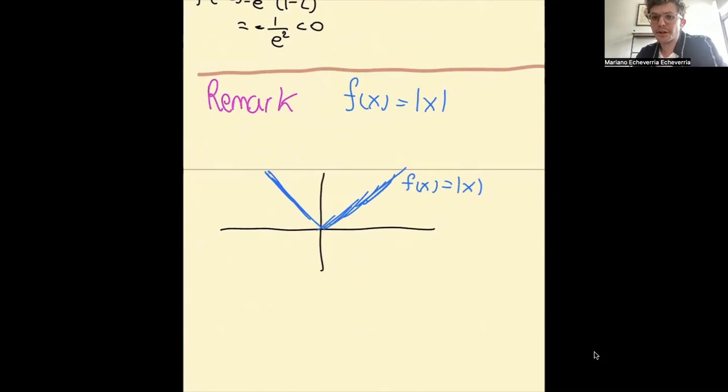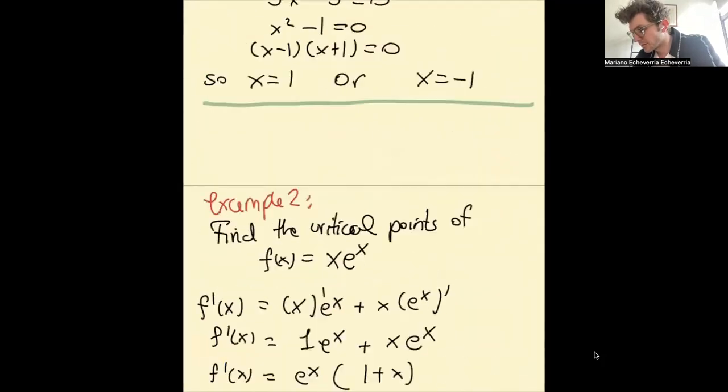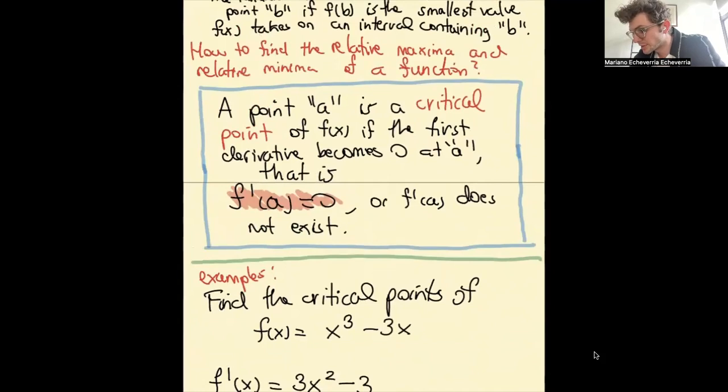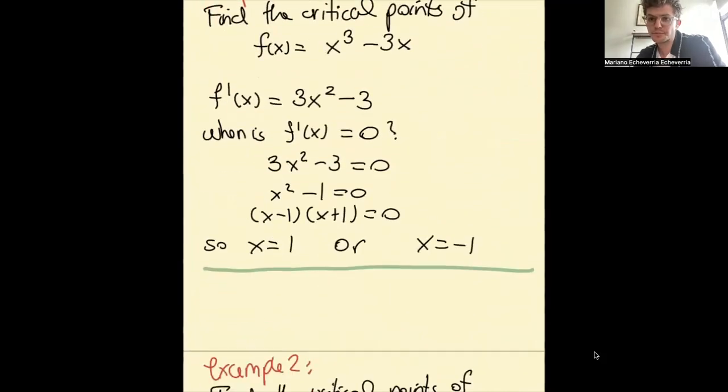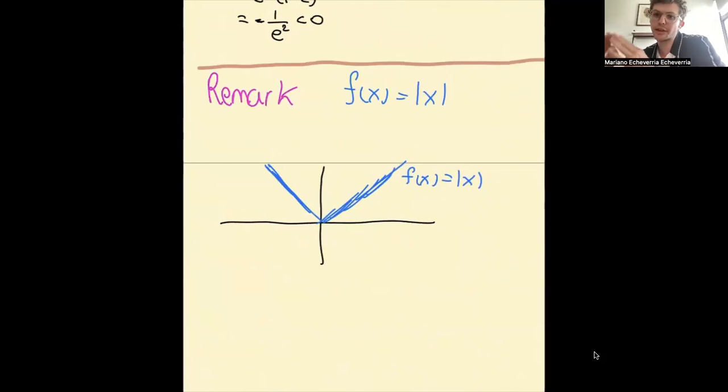So that means that 0 should be a critical point, and this is more or less why we allowed, if you remember the definition of critical point, that the first derivative becomes 0 or does not exist. The fact that we are allowing it not to exist is to include cases like absolute value. If there is a corner, the derivative does not exist, but still it can be a minimum or a maximum.